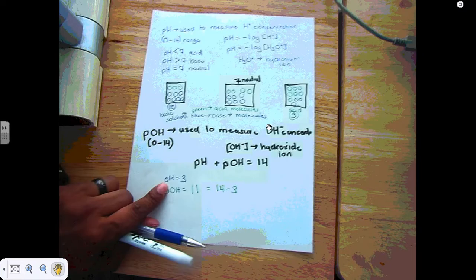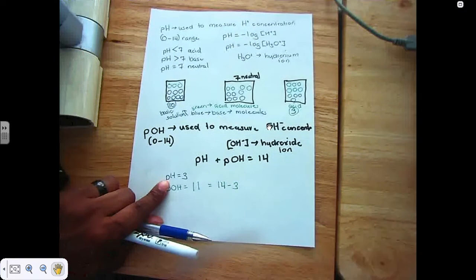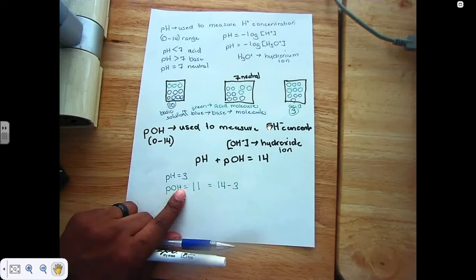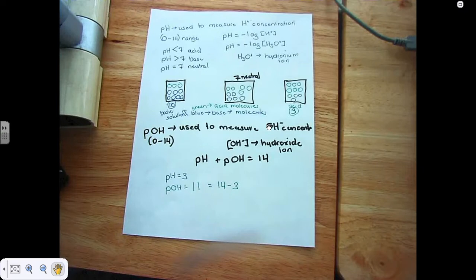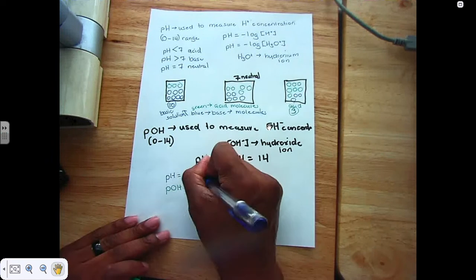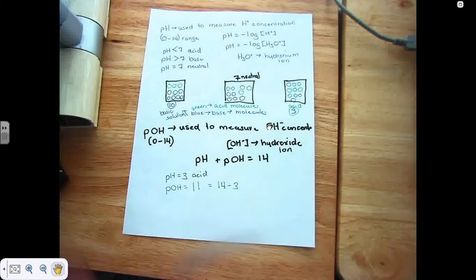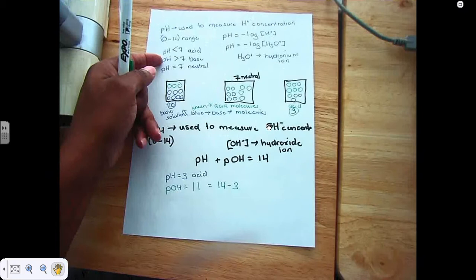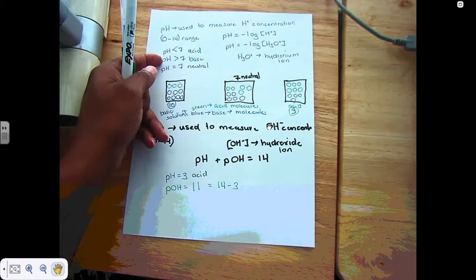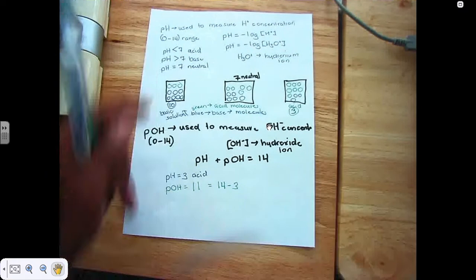When we look at pH, pH is 3 and the pOH is 11. If I asked you if this was an acid or base, hopefully you'll be able to conclude that this compound is indeed an acid. And the reason we go with that is we're going off the relationship we talked about here, when you talk about pH being less than 7 is an acid.